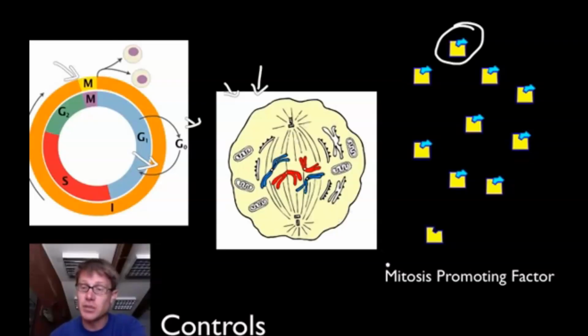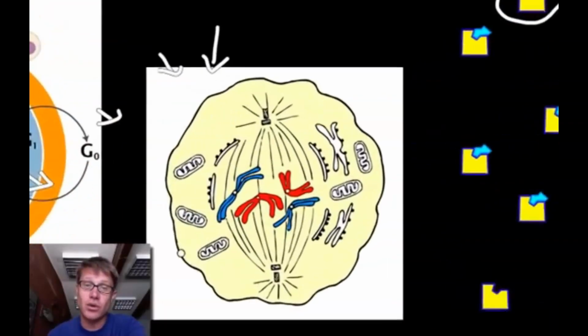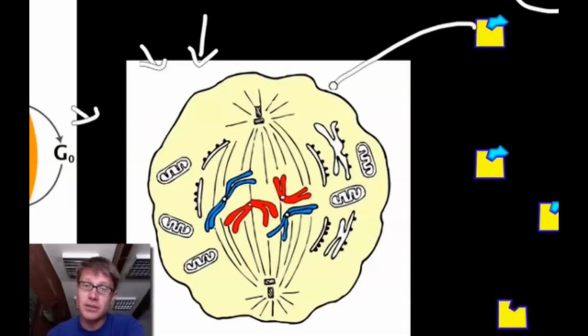So a specific type of CDK is called the mitosis promoting factor, or MPF. When it builds up enough of these cyclin-dependent kinases, they're actually going to work on the cell. One thing they'll do is break apart the nucleus, so we're able to start dividing that cell. Another thing CDKs will do is work on the microtubules that build the spindle.